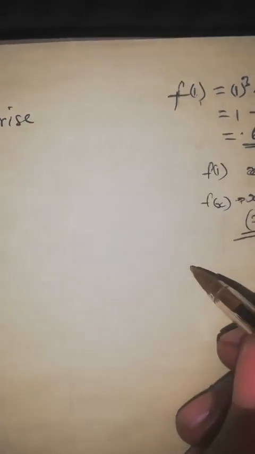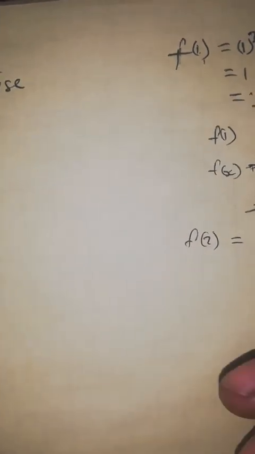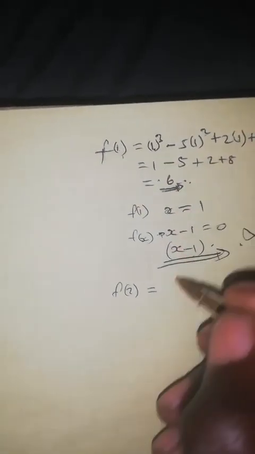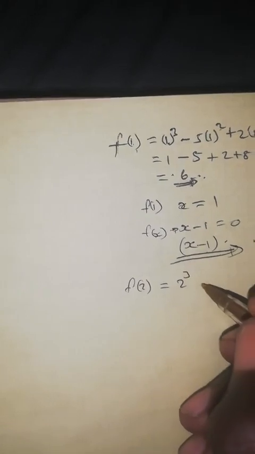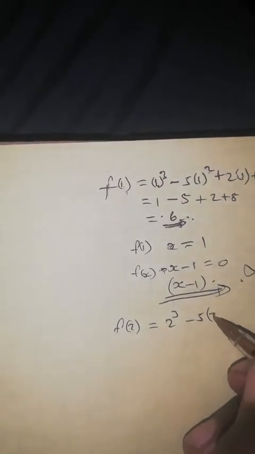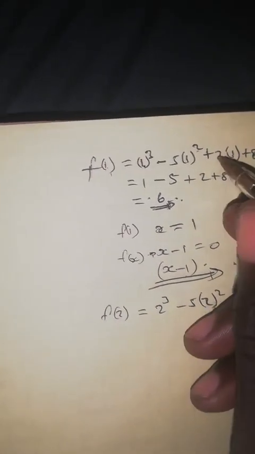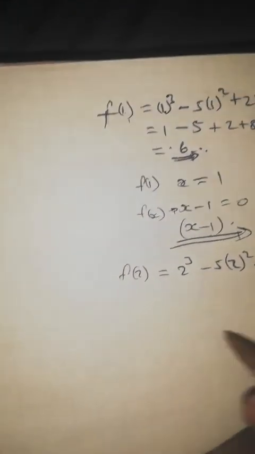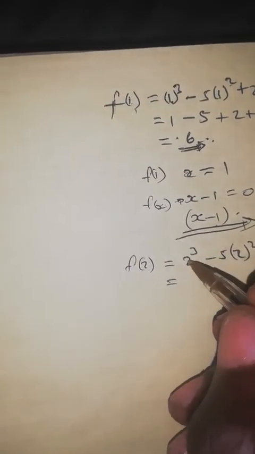Let's work function of 2. It is equals to, wherever there is an x there, we replace it by 2. 2 cubed minus 5 multiplied by 2 squared plus 2 multiplied by 2 plus 8, which is equals to 2 cubed is 8.